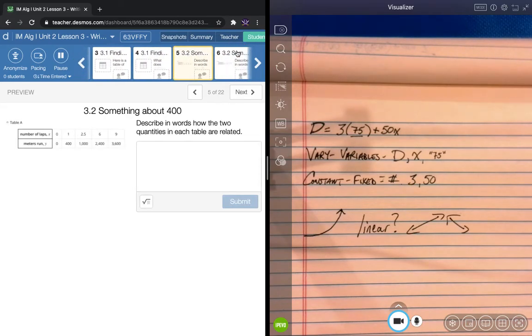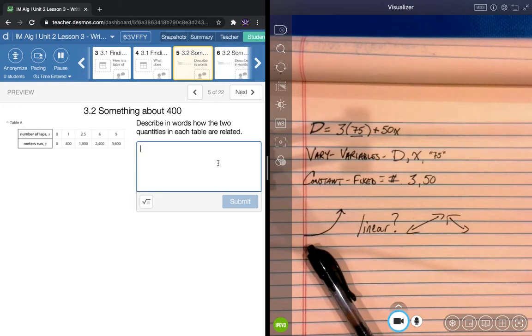Now, describe in words how the two quantities in the table are related. What could we say? We look here and it's 0 to 0, 1 times 400, 2.5 times 1,000, 6 times 2,400.